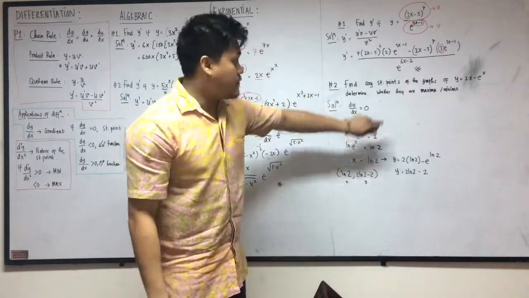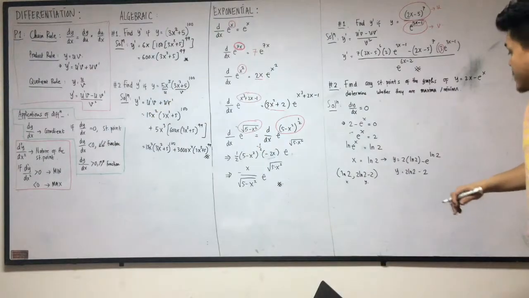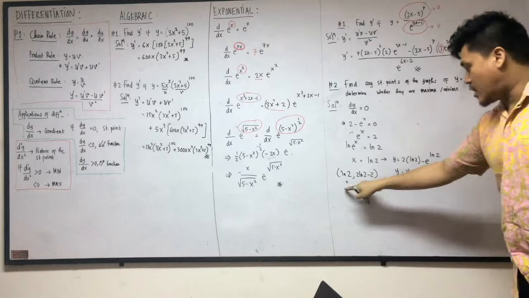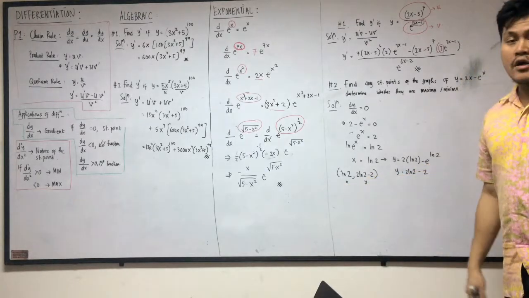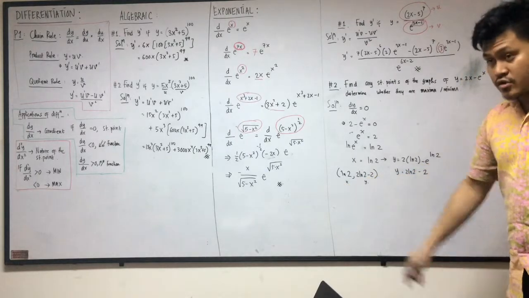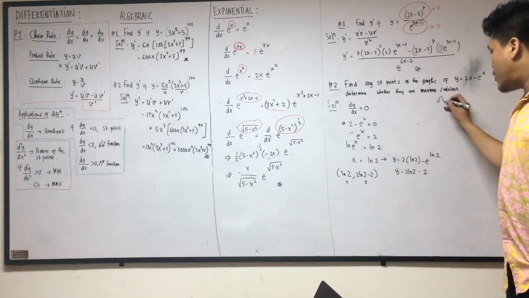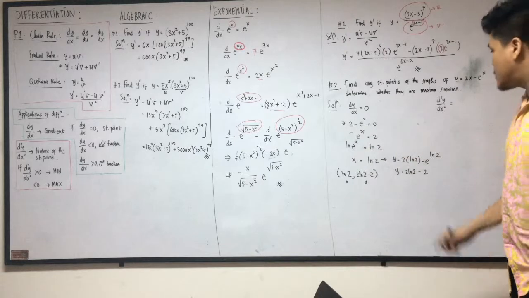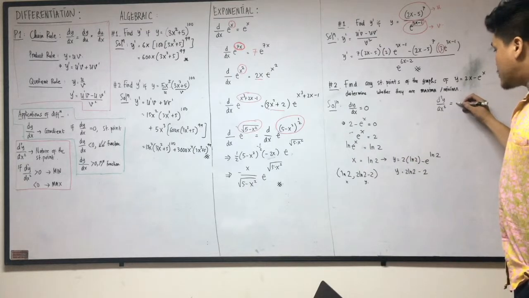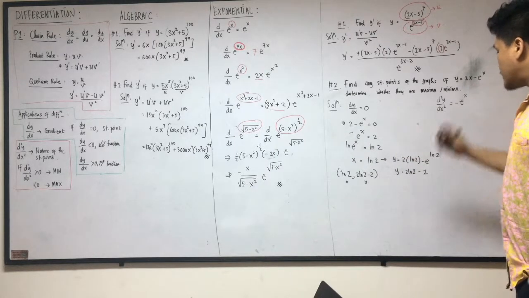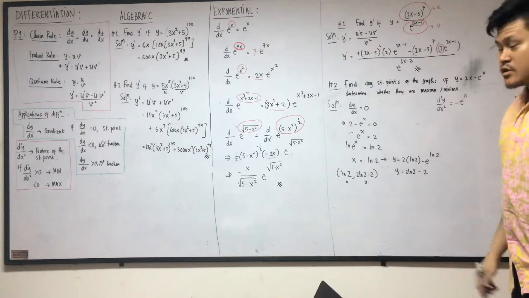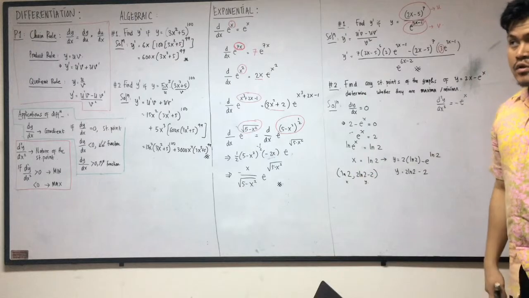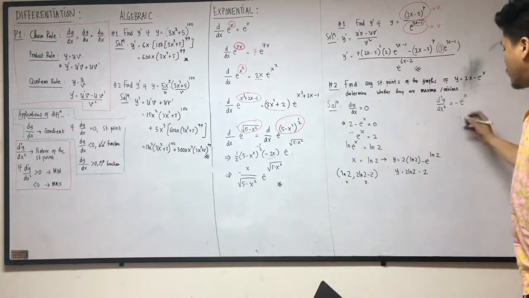Okay, we've tackled the first question. The second part says you want to determine whether they are maxima or minima based on the stationary point that you got here. We only have one stationary point here, so d squared y over dx squared is minus e to the power of x. Check whether minus e to the power of x, when x equals ln 2, gives you a positive or negative value.